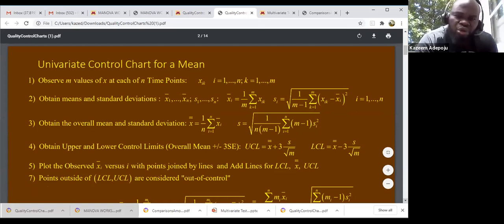So we have a way in statistics to be able to measure whether a production process or whatever is within control or not.